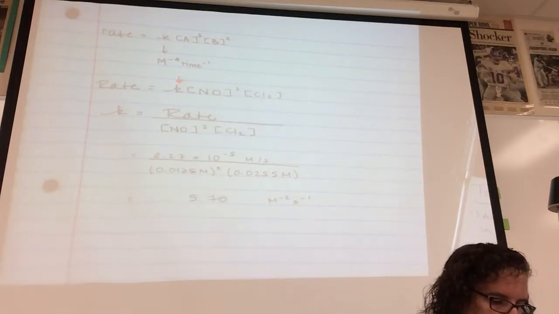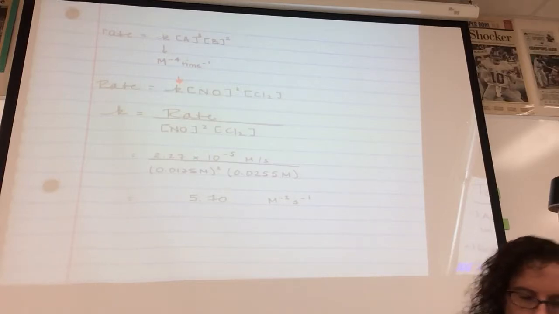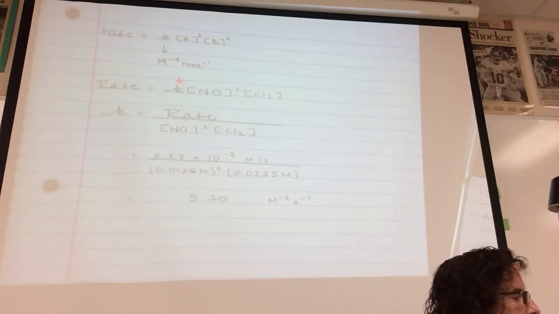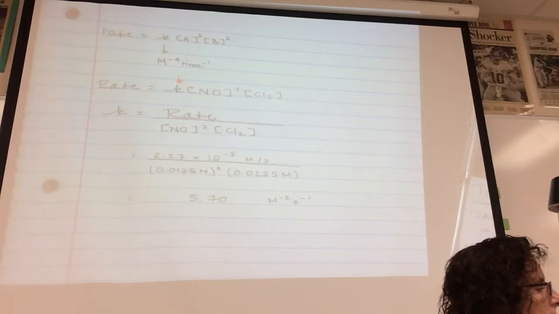All right, so you can calculate K, no problem. We want to be able to interpret it, and then we're going to walk through several examples so you can see exactly how to work this.